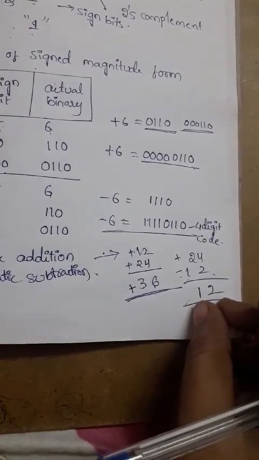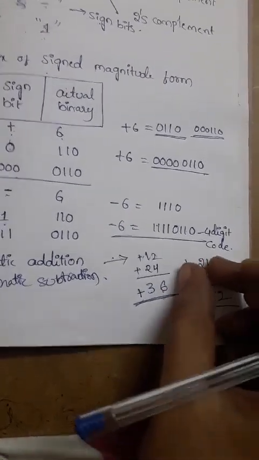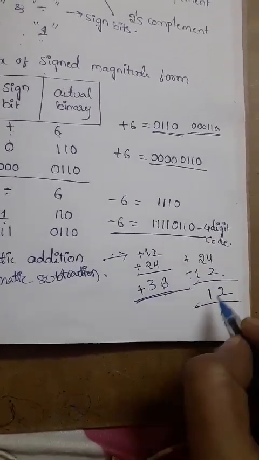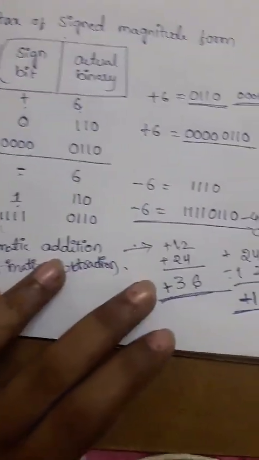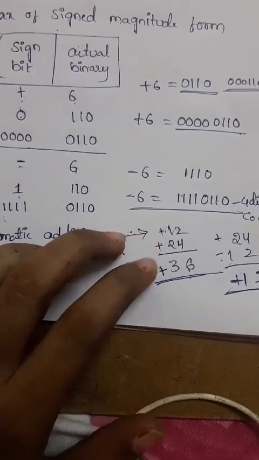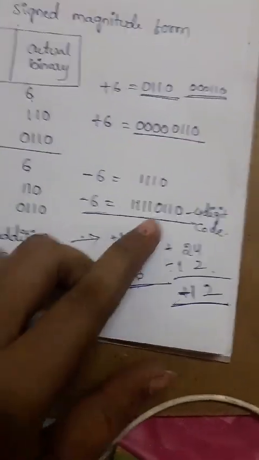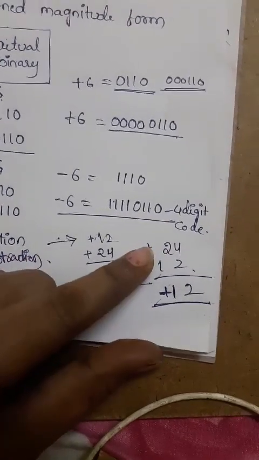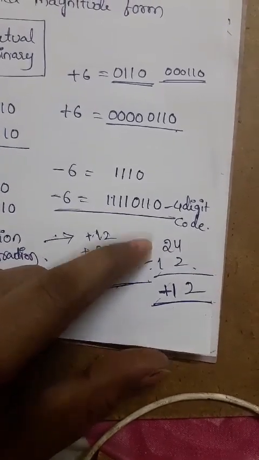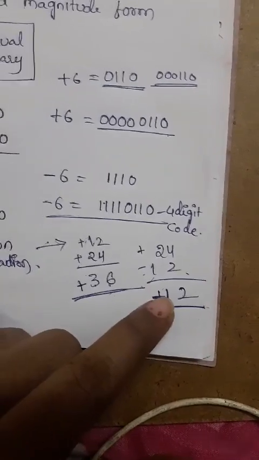So if the two numbers have the same sign, the result follows the same sign. If the signs are different, whatever sign the larger number has, the result follows that sign.